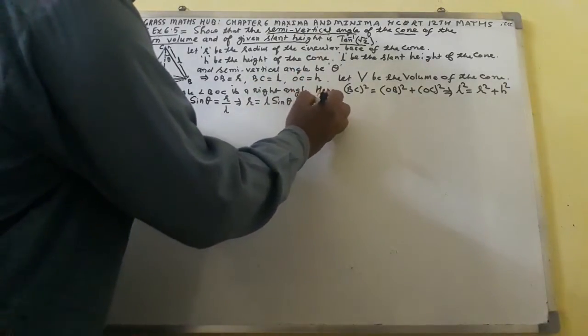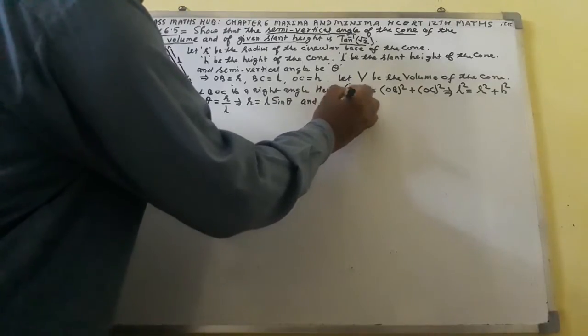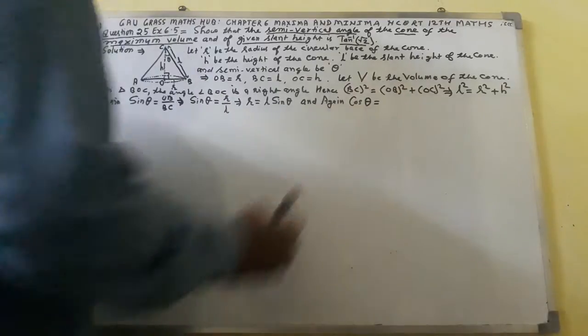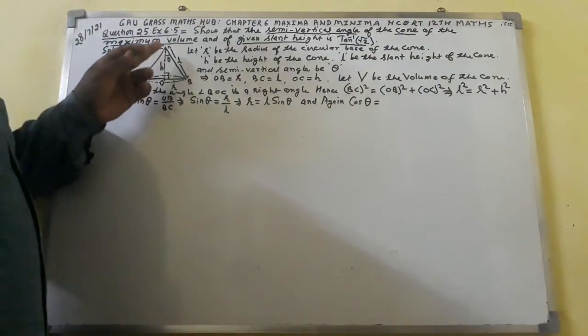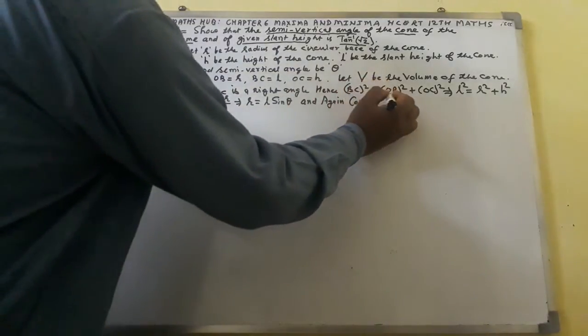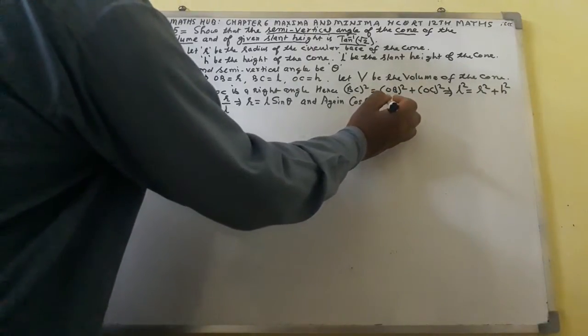And again, cos theta equals, with respect to theta, base over hypotenuse.